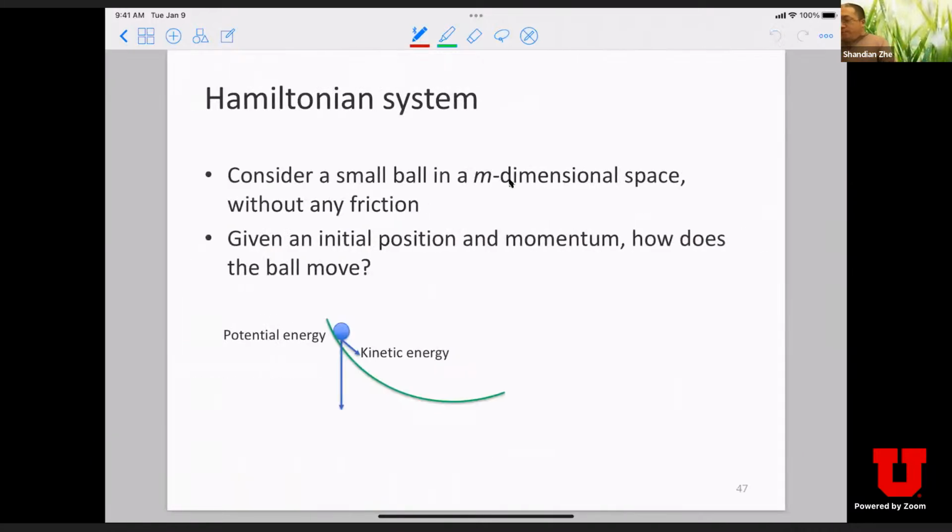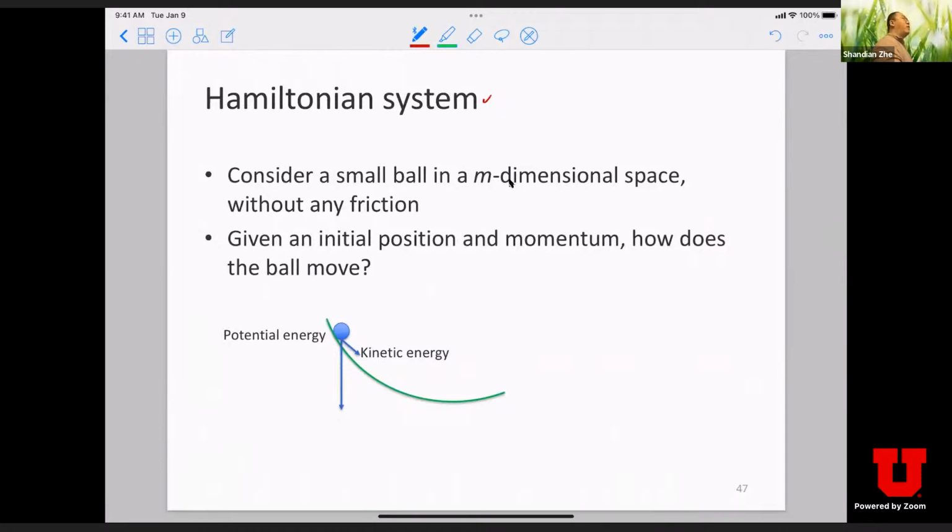Right? So now we're going to talk about details. First, we're going to introduce a simple physics system. I believe everyone has heard of it before in high school. At least in my high school, I have. So this system is like this. We consider a small ball in an m-dimensional space.